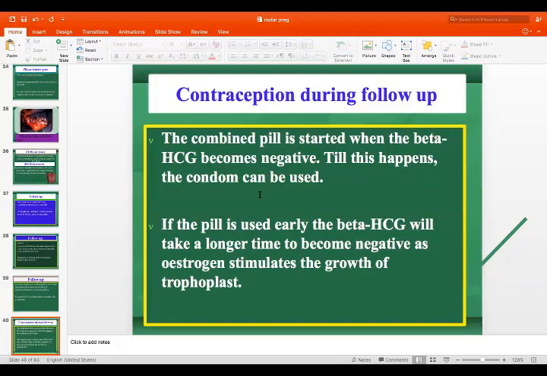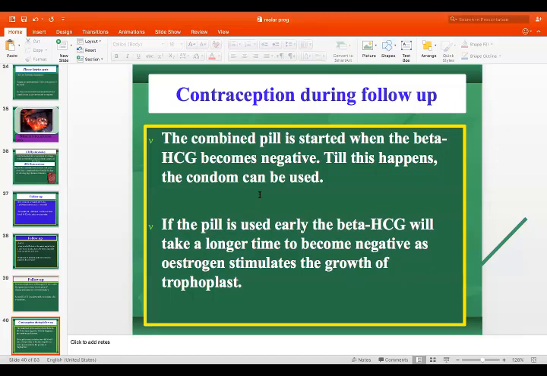During the period of follow-up, the patient is asked to avoid pregnancy by using contraception. The choice of contraception is the barrier method. We cannot give OCPs because they will interfere with the beta HCG interpretation. We cannot give IUCD because it will cause irregular bleeding, so we will not know whether it is due to post-evacuation molar tissue leading to the bleeding, or whether it is due to the IUCD.